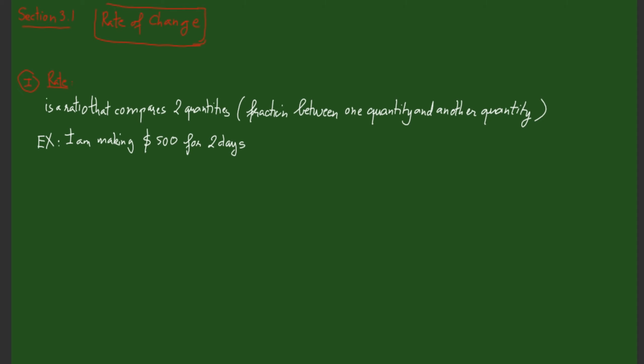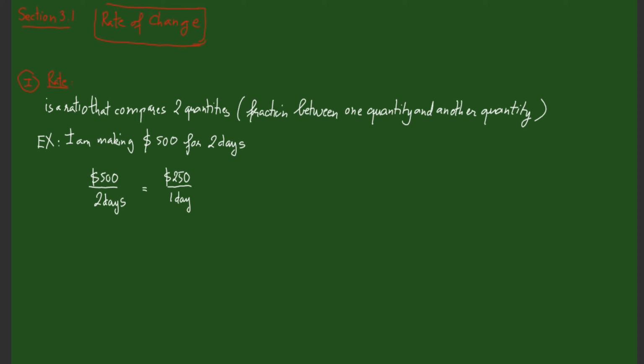So the rate, I can set up like this: 500 over 2 days. And this is the rate. However, if we simplify the fraction, it will be equal to 250 over 1 day, right?